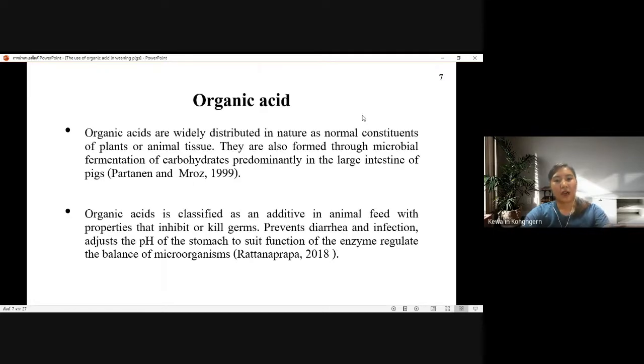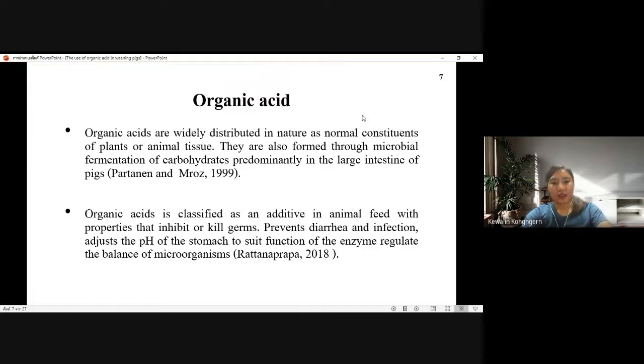Organic acids are widely distributed in nature as a normal constituent of plant or animal tissue. They are also formed through the microbial fermentation of carbohydrate in the large intestine of pigs.